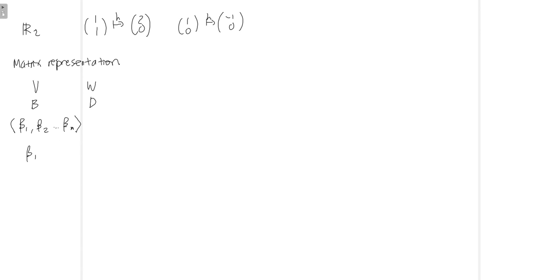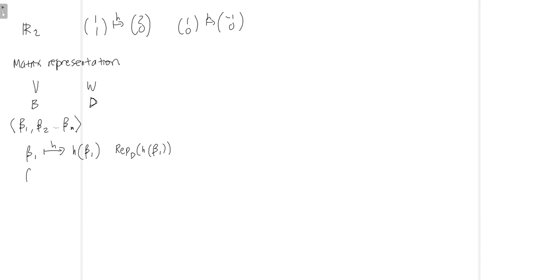So, beta 1, we're going to project that, and then represent each of these in terms of a basis of the second vector space. We're going to write a representation of each of these projections.